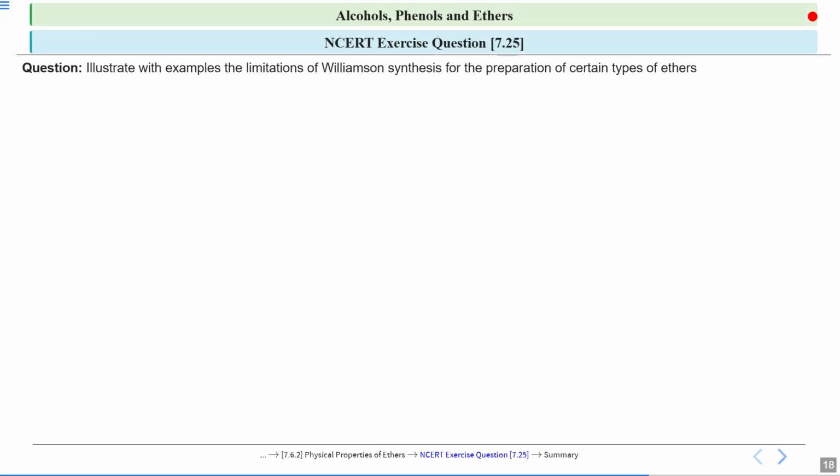Now let us solve this NCERT question, that is 7.25. The question says: illustrate with examples the limitations of Williamson synthesis for the preparation of certain types of ethers. So you have to tell the limitations of Williamson synthesis for the preparation of certain types of ethers.